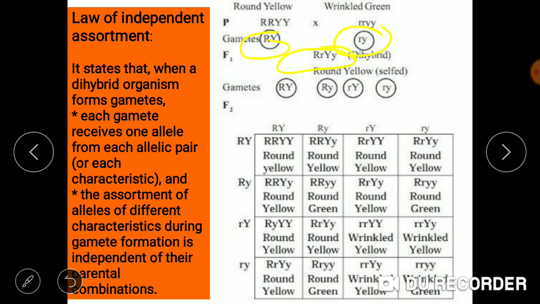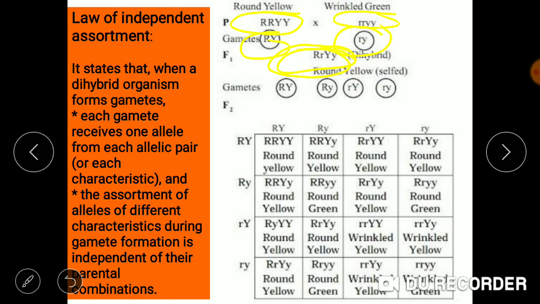Why have we called it heterozygous? Because the parents were homozygous, but the offspring obtained are heterozygous, and it is a hybrid variety.